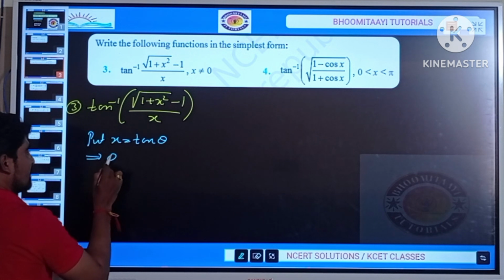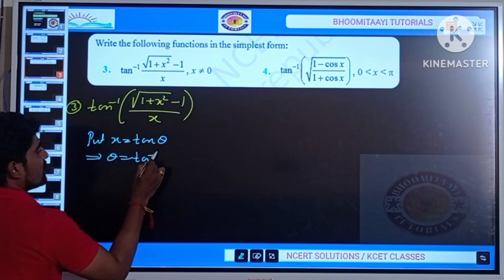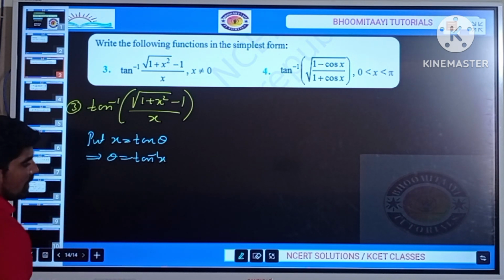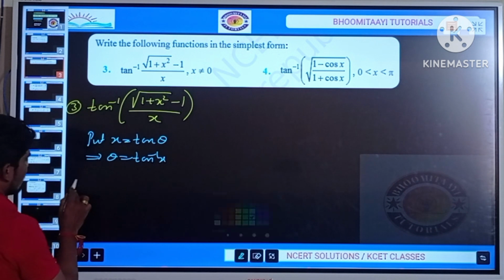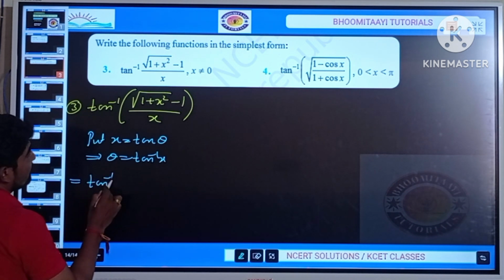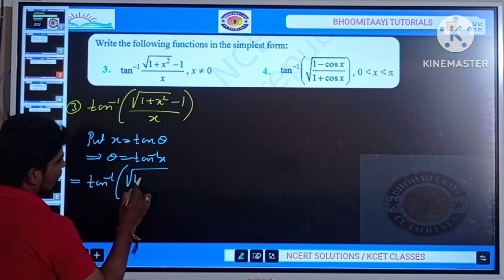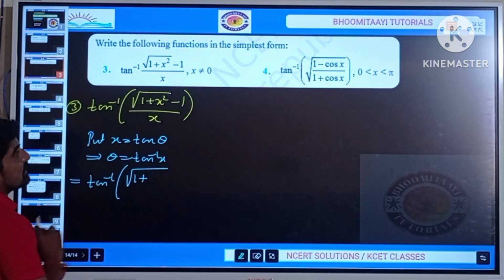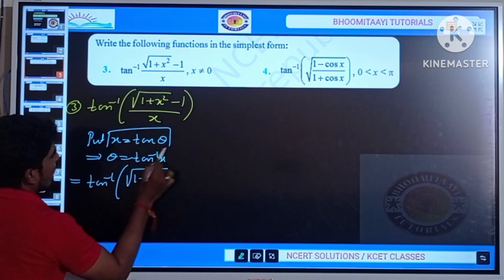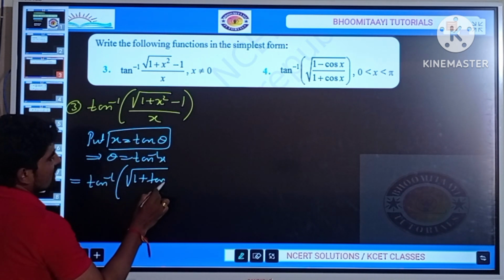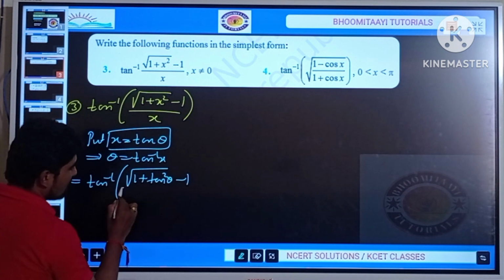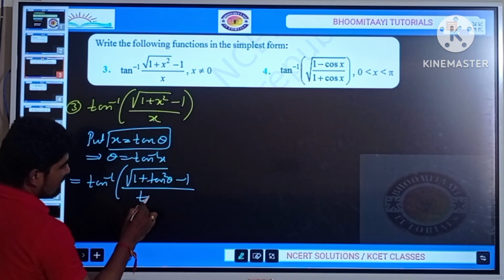It means theta becomes tan inverse x. Therefore, by this substitution, the given function becomes tan inverse of root of 1 plus x square, where x is tan theta, x square is tan square theta, minus 1, divided by x, which is tan theta.